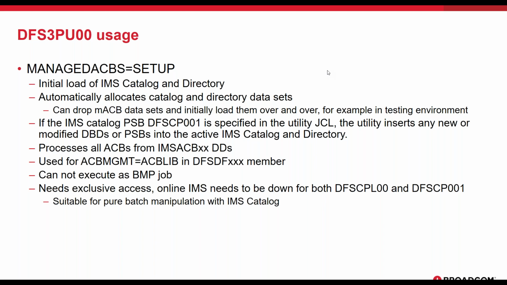This utility cannot be run as a BMP. It runs as a DLI batch job, and it requires exclusive access to the IMS catalog database and also to the IMS directory. So if the catalog and directory are being used by an IMS system, then simply you have to take your IMSs down.